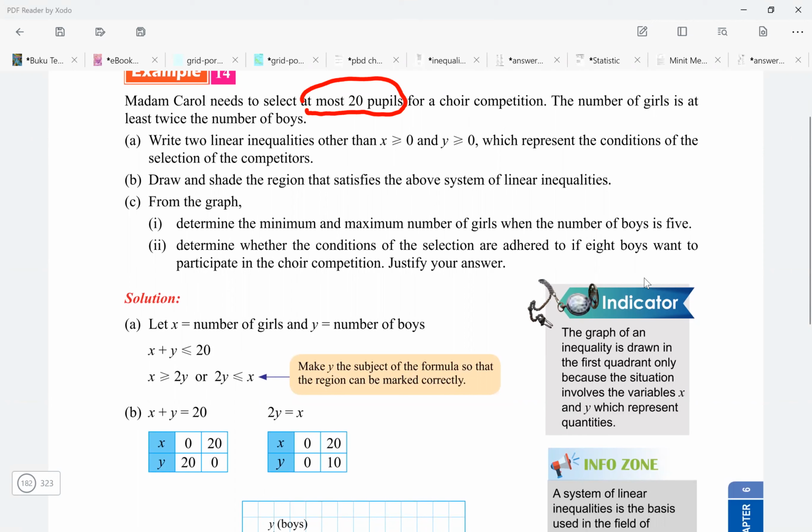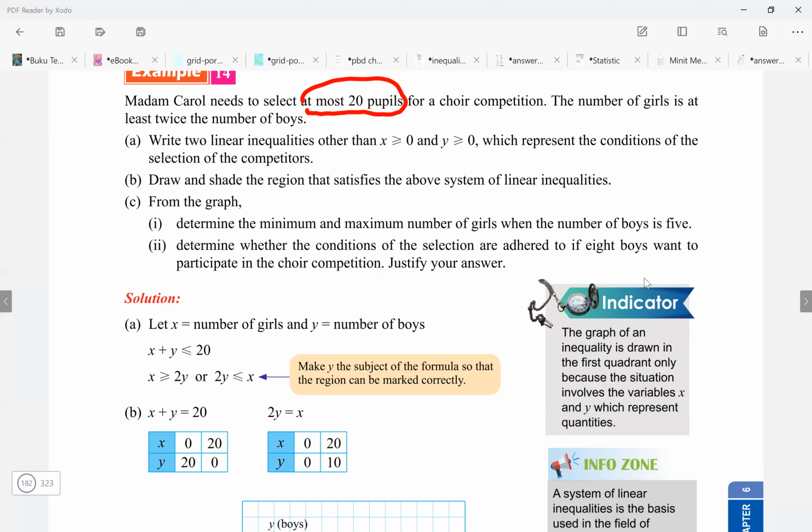And then the second one is the number of girls is at least twice the number of boys, meaning that x is greater than or equal to 2y. Or you can write it like this: 2y is less than or equal to x. You can just rearrange it.